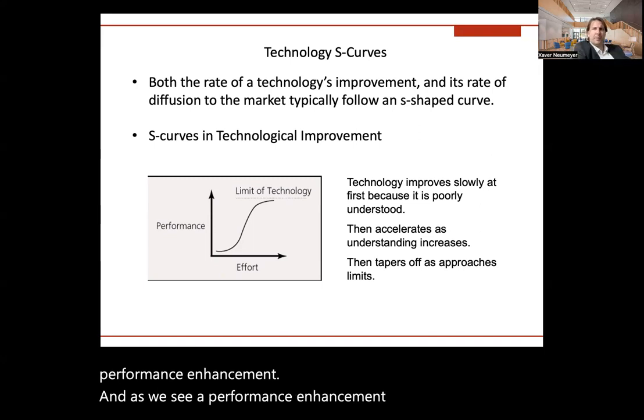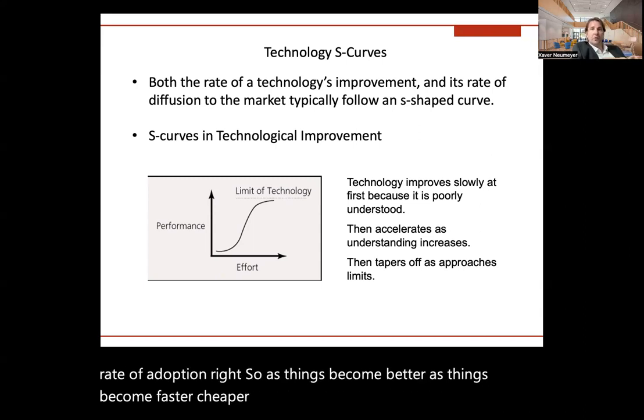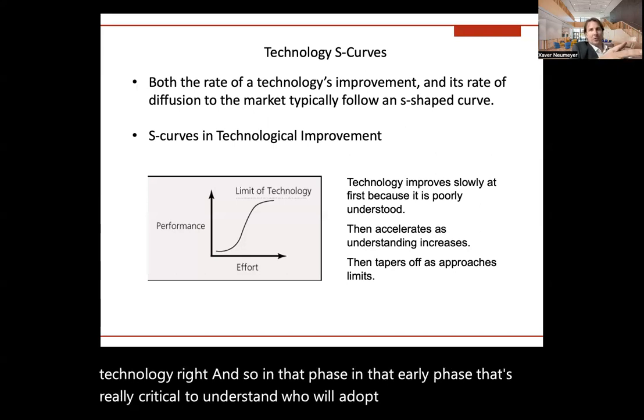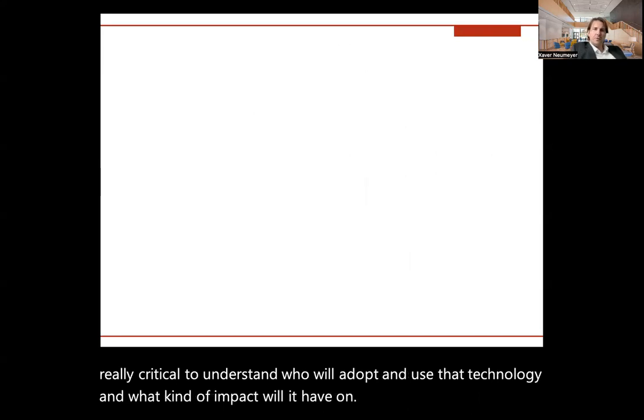As things become better, faster, cheaper, etc., more and more people adopt that technology. So in that early phase, it's really critical to understand who will adopt and use that technology and what kind of impact it will have.